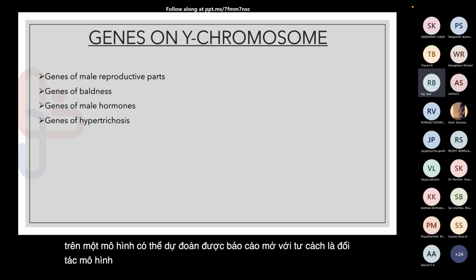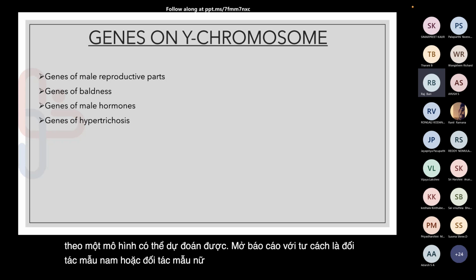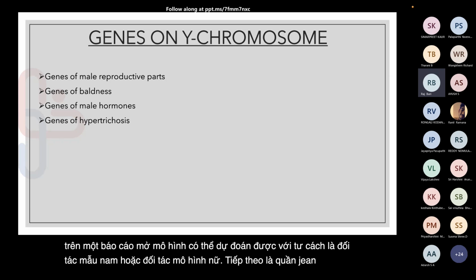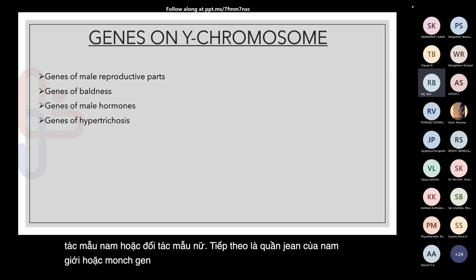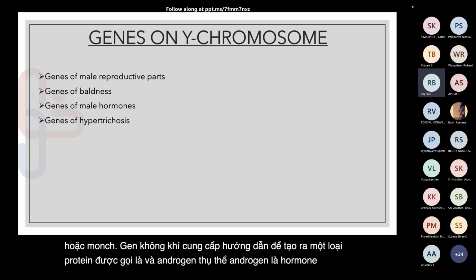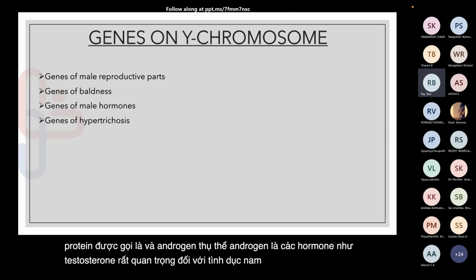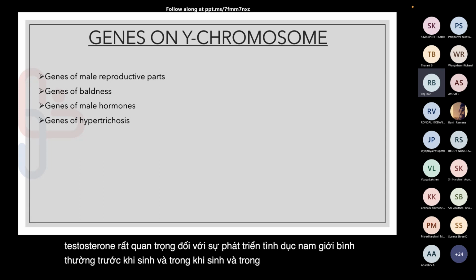The next one is genes of male hormones. The AR gene provides instructions for making a protein called an androgen receptor. Androgens are hormones such as testosterone that are important for normal male sexual development before birth and during puberty. The next one is genes of hypertrichosis.